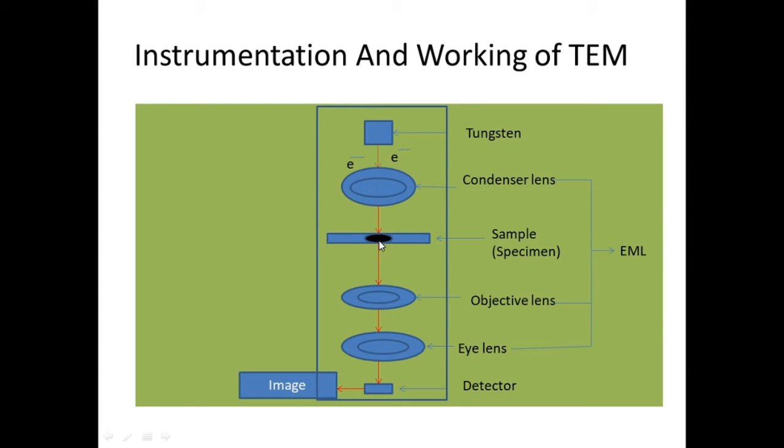But this is not achieved only with electron generation. We need to add some energy to the electrons so that they move straight as a single beam to reach the specimen.